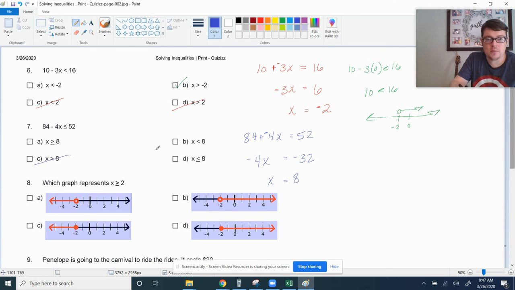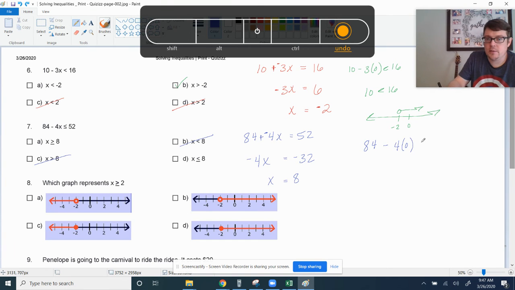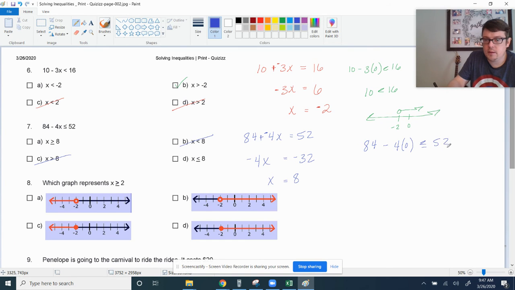We're going to eliminate this one and this one because you're not going to magically change the equal twos. We just got to figure out which side works, right? So 84 minus 4, let's put in a 0 for x. Let's see what happens. And it's less than or equal to, so 52. And let's see what happens here. 84, this is just all going to go away, right? Times 0.